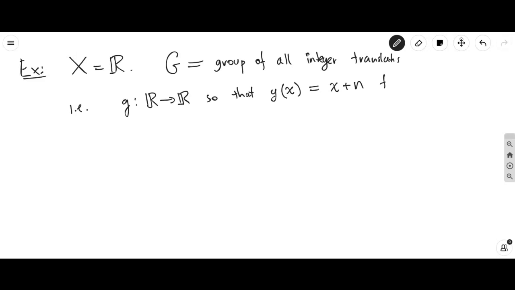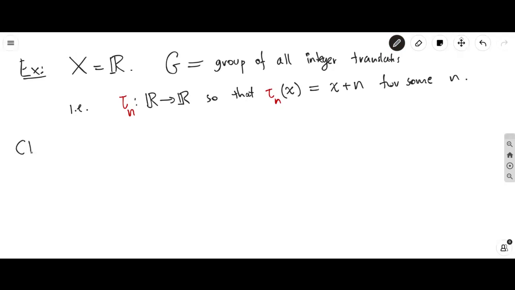It's x plus n for some n. Maybe it makes sense, instead of calling it g, let's call it tau for translate, subscript n, where n indicates the integer that you're using to do the translation. So tau n applied to a point just translates the point by n.